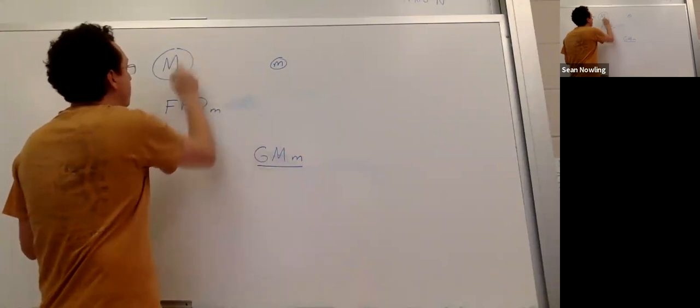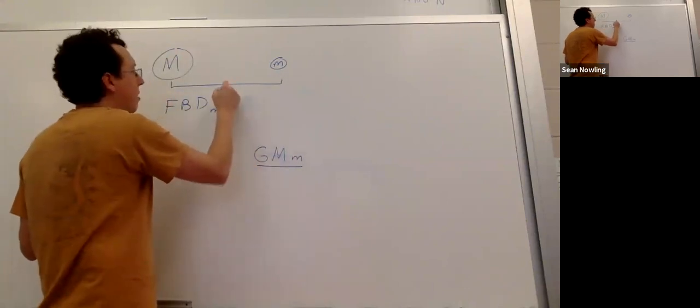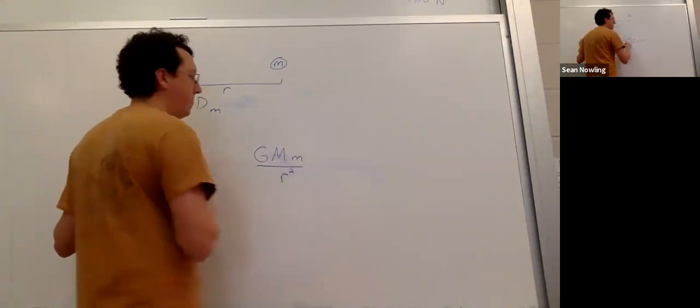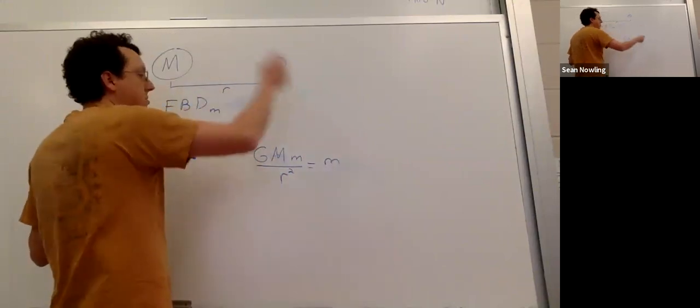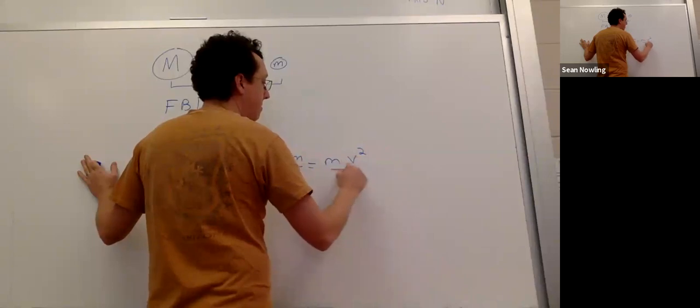So let's assume that the distance between their centers, I'll just call it R. And that has to equal the mass times the acceleration. Well, because it's a circular motion, we know the acceleration is v squared divided by r.